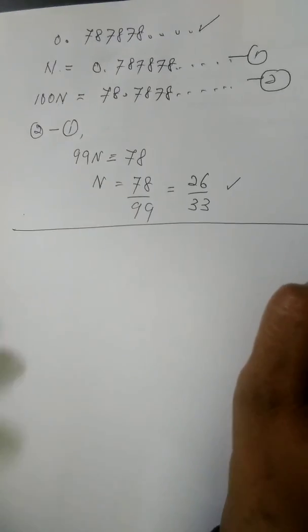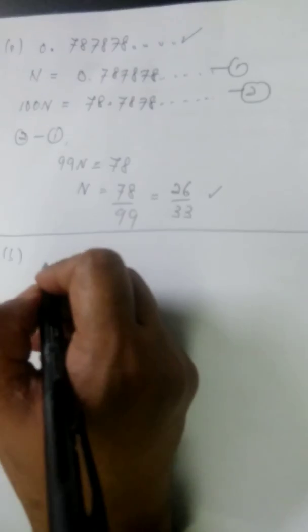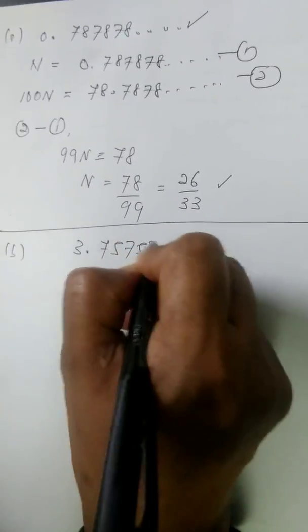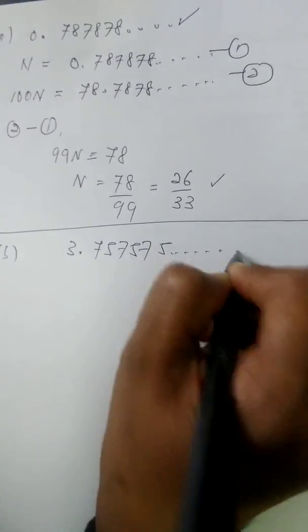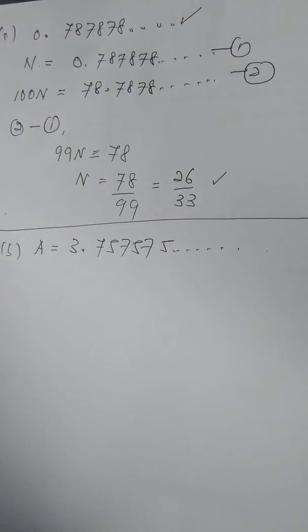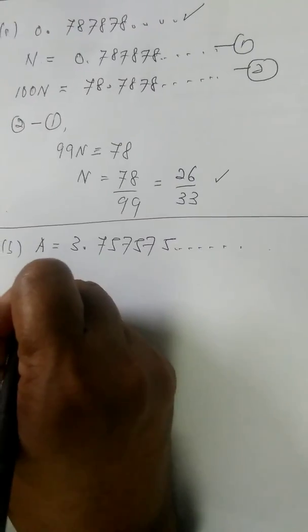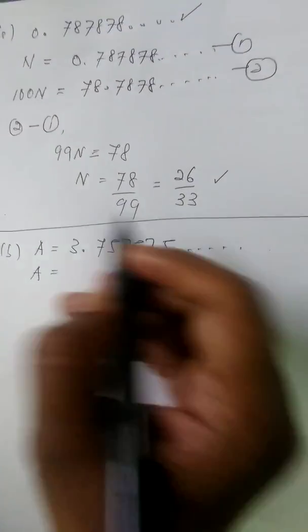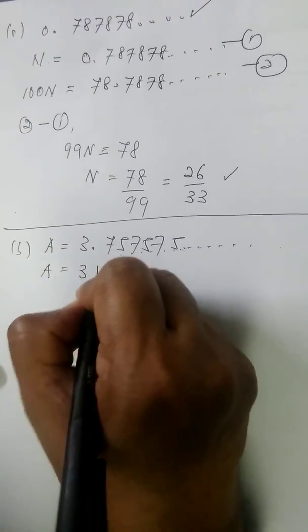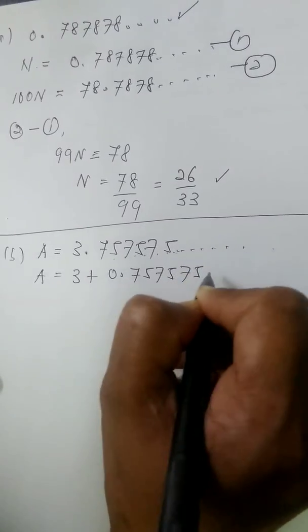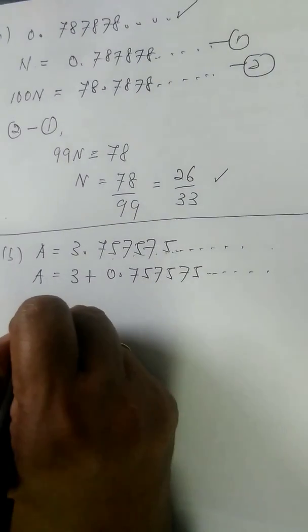This is your first example. Let's say another example where you have 3.757575 and so on. Let's call this A. Now A can be written as 3 plus 0.757575 all the way, since this is my recurring decimal.